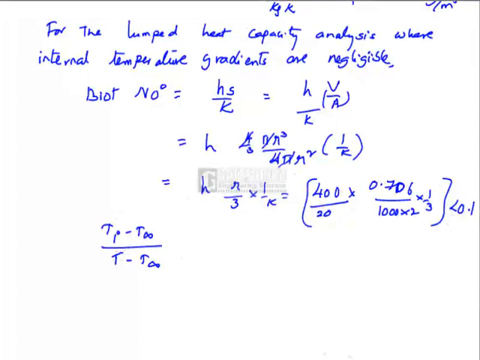Initial temperature of the thermocouple is given as 30, and fluid temperature is 300 degrees centigrade, and T is given as 298 degrees centigrade. This is equal to e to the power of minus HA by rho Vc into tau.